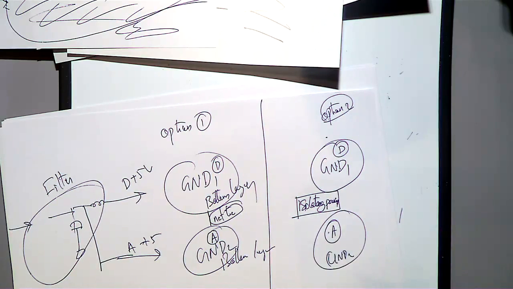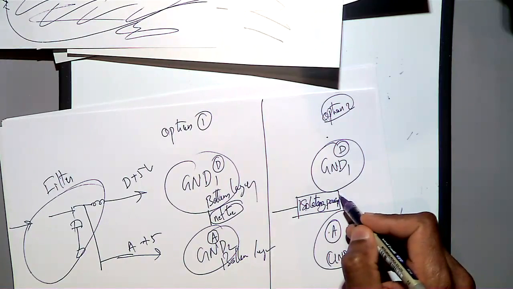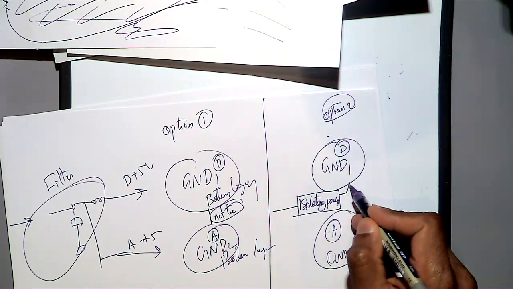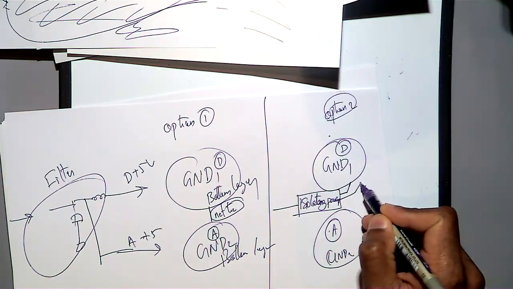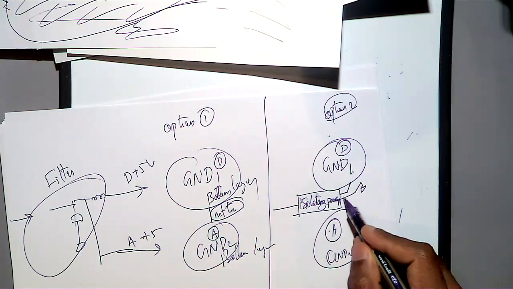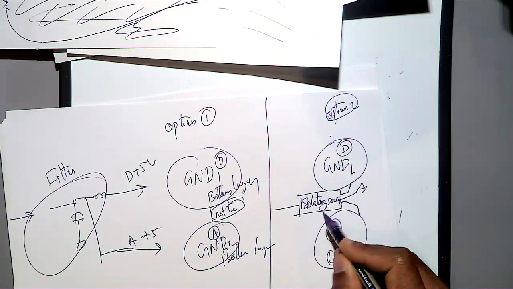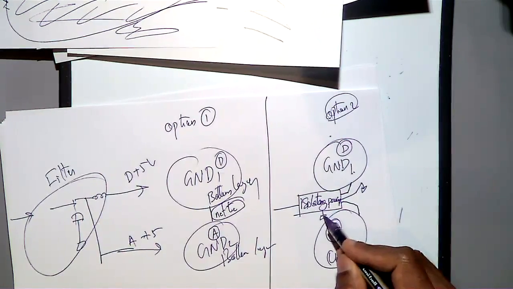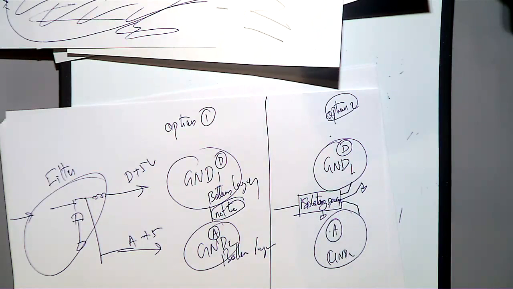Isolating power supply means you give the 5 volt, then you are getting another 5 volt that you can connect here, and there is a ground associated with that one, and that is for this one. Then here you got another 5 volt you can connect here, and then another ground, and these 2 grounds will be connected internally, isolated, so that you don't need a net tie, because then you got only one IC. That IC can isolate both your power supply and ground.